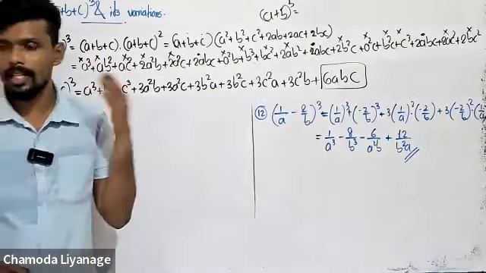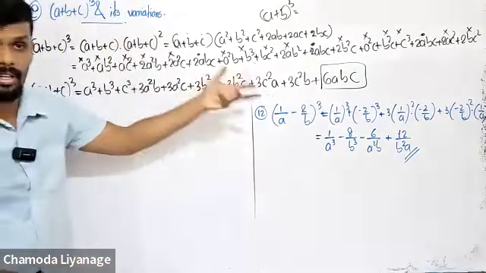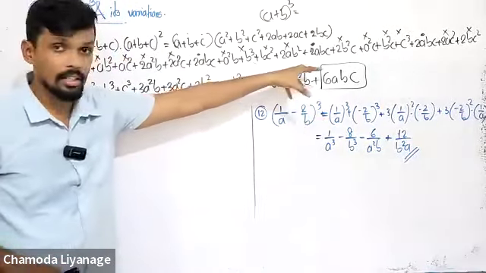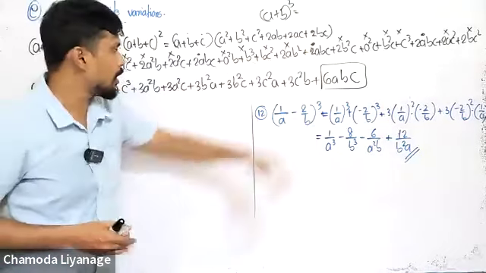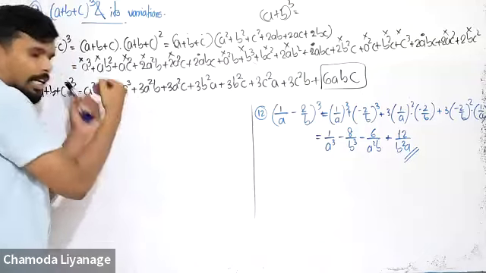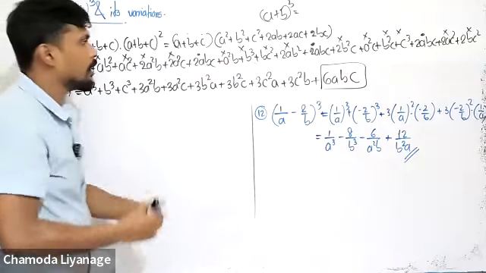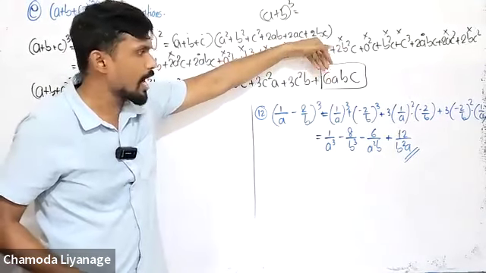Plus 6abc. How is it formed? We have to put that 6 additionally, as we put 3 here. Like 3, we put that 3 in additionally. So here also you have to put the number 6 additionally.